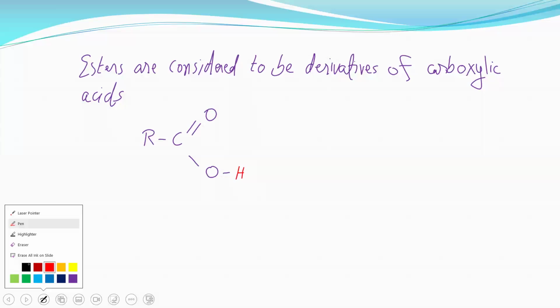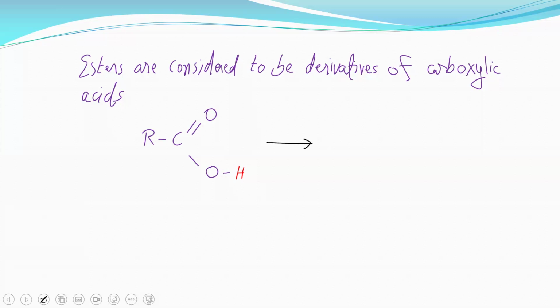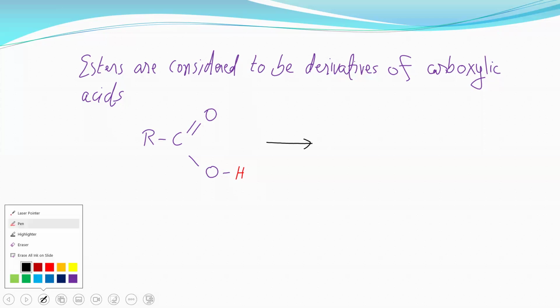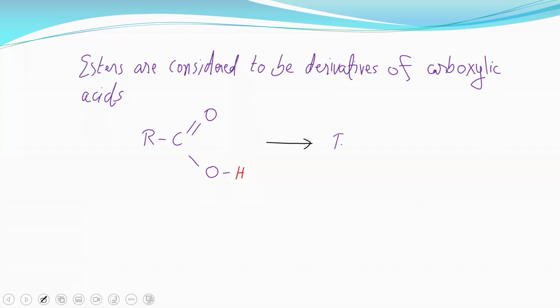The syllabus believes that you can convert a carboxylic acid into an ester by theoretically removing the hydrogen. Now look at this working. This is how our syllabus believes that an ester is a derivative of carboxylic acid. So I have replaced H by R. This is how an ester is considered to be a carboxylic acid derivative.